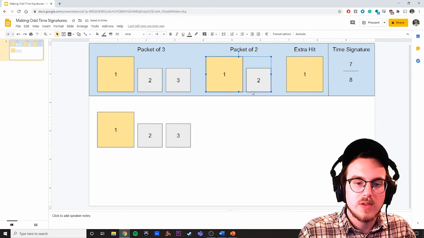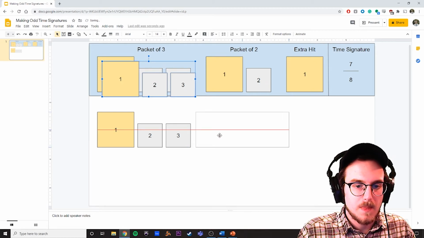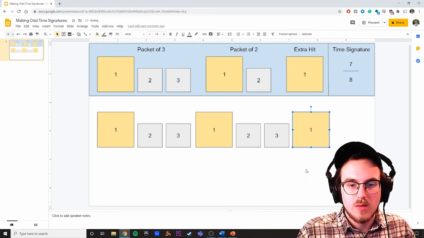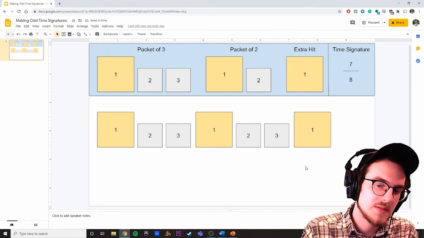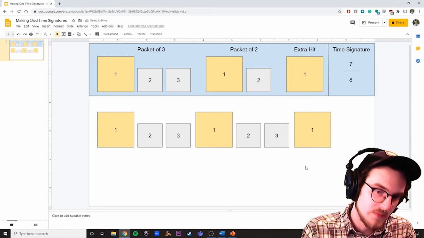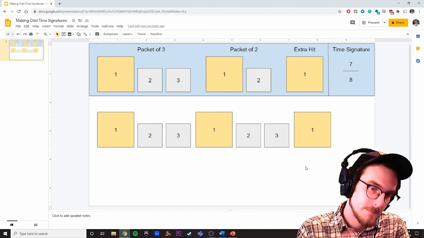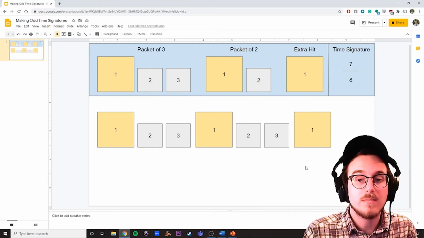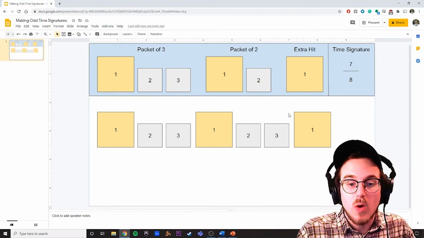We could get to 7 as 3 and 3 and 1, and what this would feel like would be 1, 2, 3, 4, 5, 6, 7, 1, 2, 3, 4, 5, 6, 7, 1, 2. So that would be the feel for that 3 and 3 and 1.